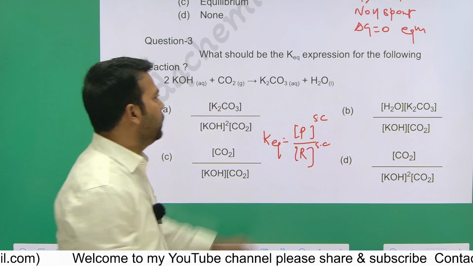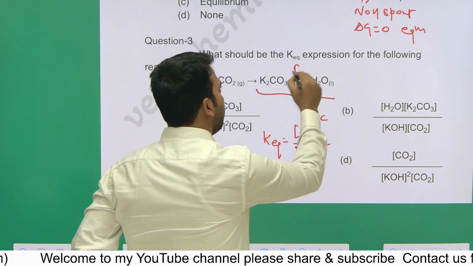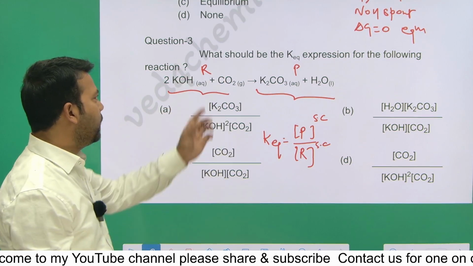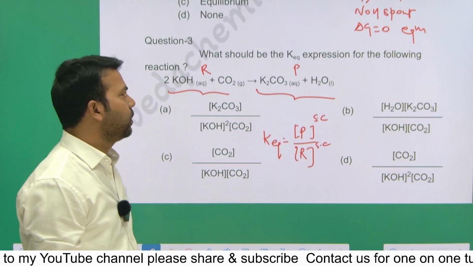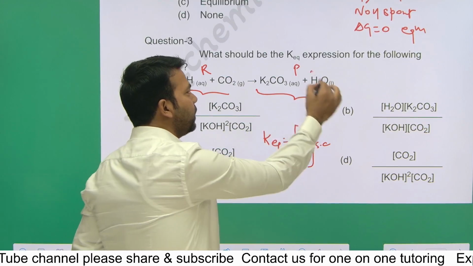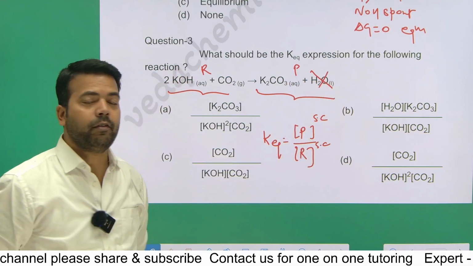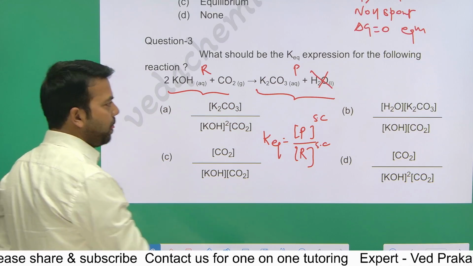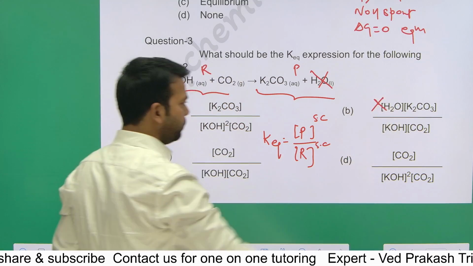The right hand side is my product, and the left is my reactant. The reactant must be in the bottom, and you can see this H2O is a liquid, so do not consider it. If any of the options have H2O, then that should be wrong. So here we have H2O, so this is wrong.